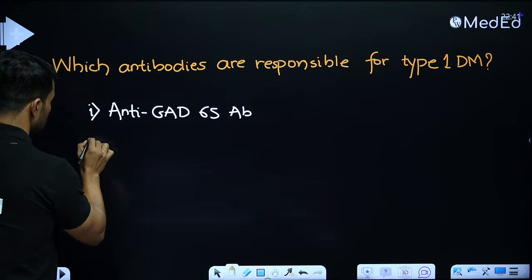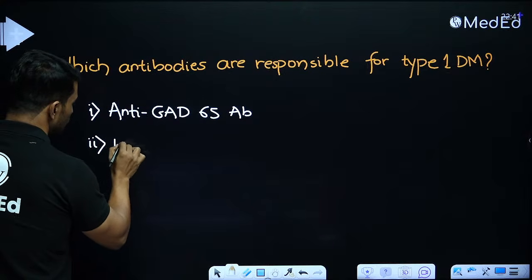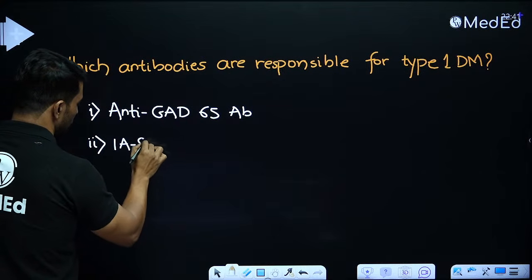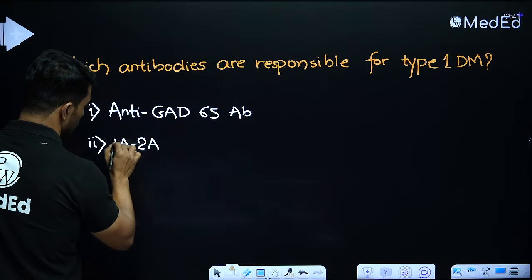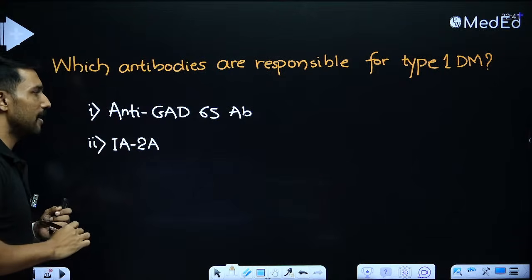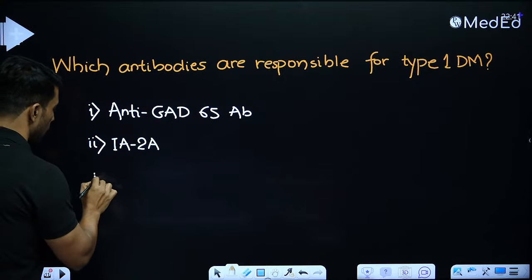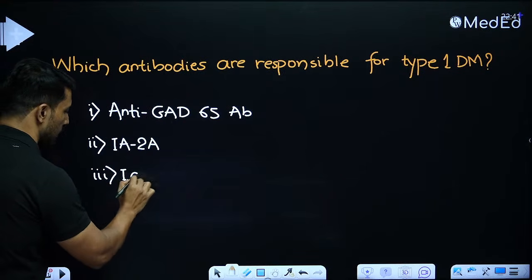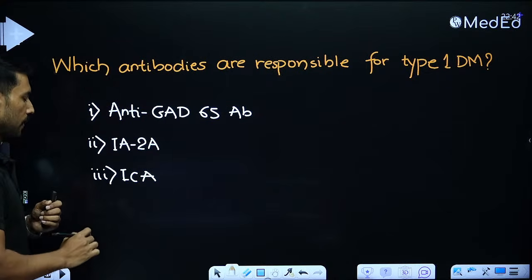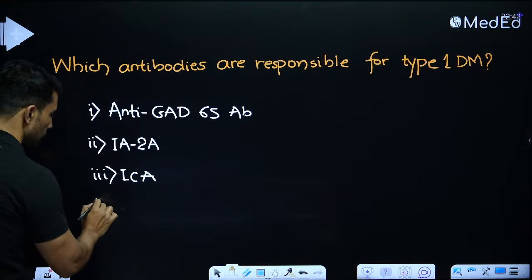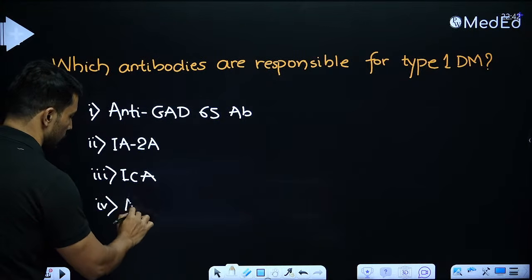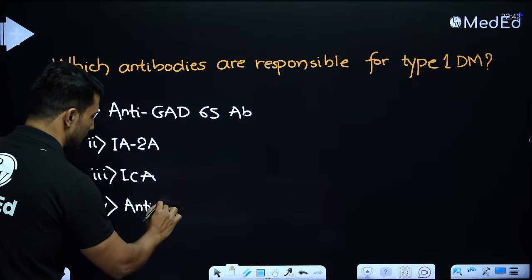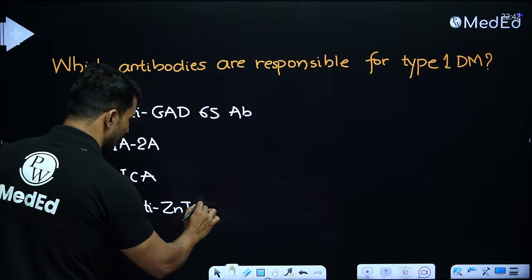The second one is insulinoma associated antigen 2, IA2 antibody. The third one is islet cell cytoplasmic antibody, or ICA. Fourth one is zinc transporter 8, so anti-ZnT8 antibodies.